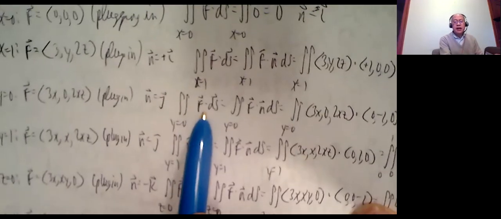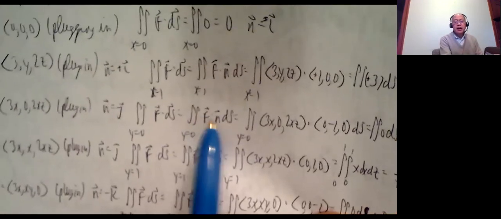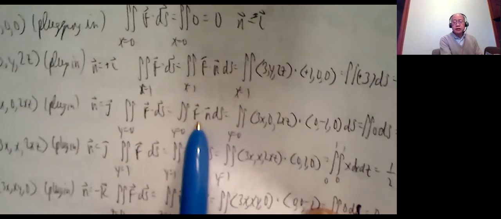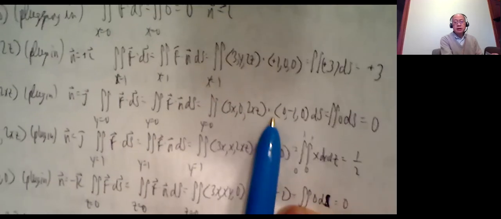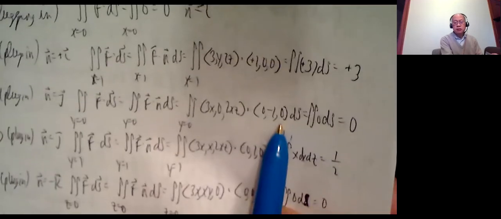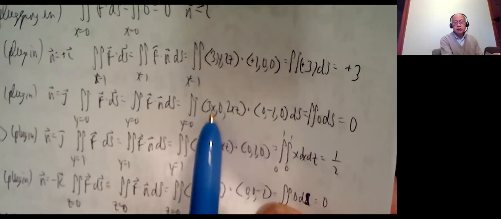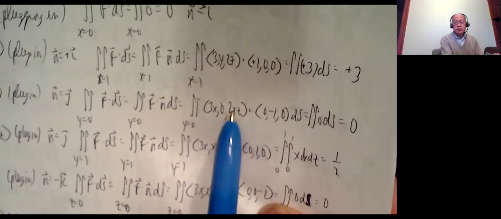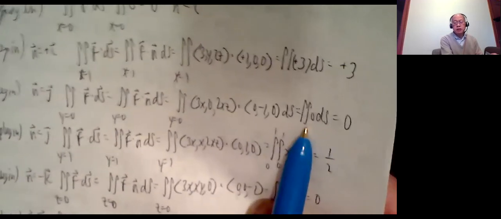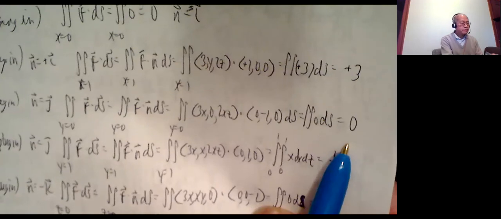Okay, so f dot n ds, you'll be doing exactly this on today's quiz. So 3x, 0, 2xz dot 0, -1, 0. So 3x times nothing, 0 times -1 is nothing, 2xz times nothing is nothing, double integral of 0, 0.